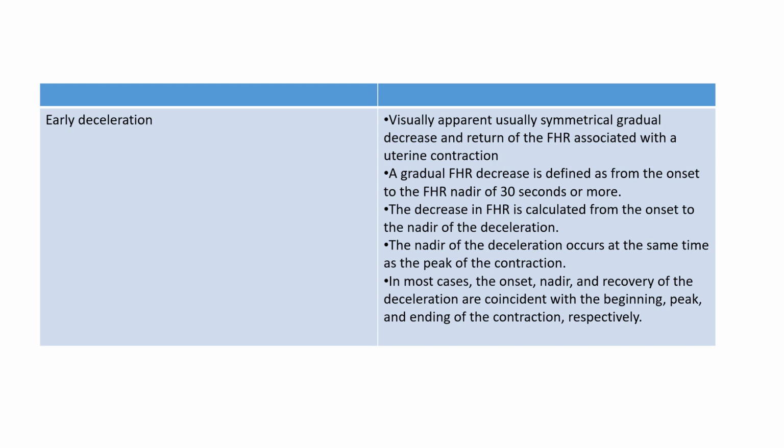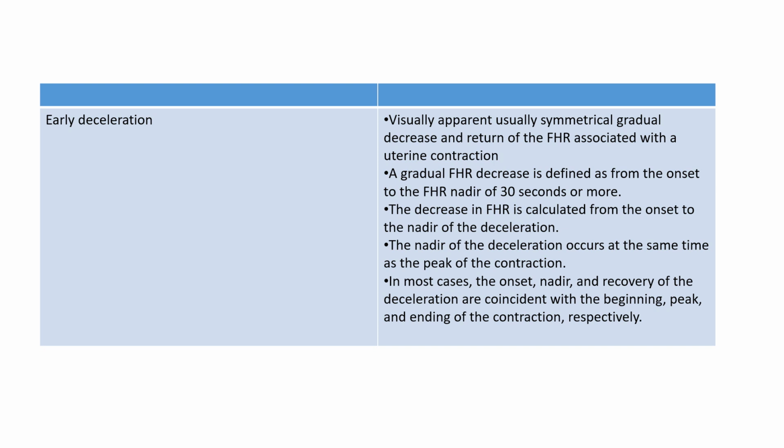It's just due to compression of the fetal head. When there is compression of the fetal head as the head is passing through the birth canal, early deceleration happens due to vagal stimulation. So it's going to be a mirror image of the contraction.